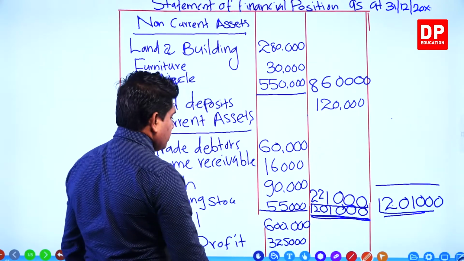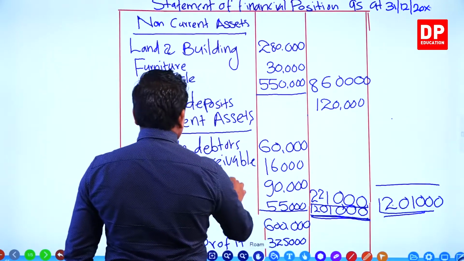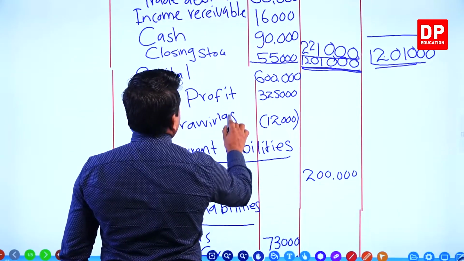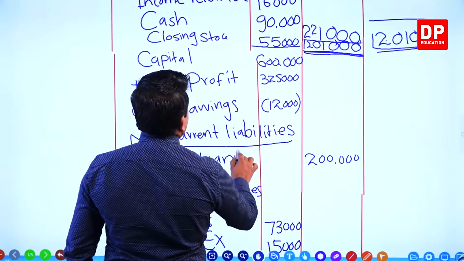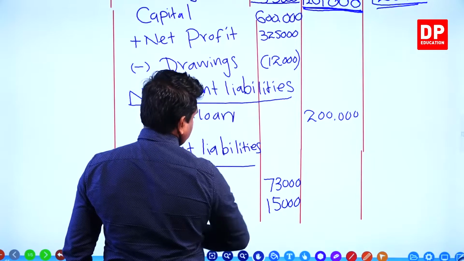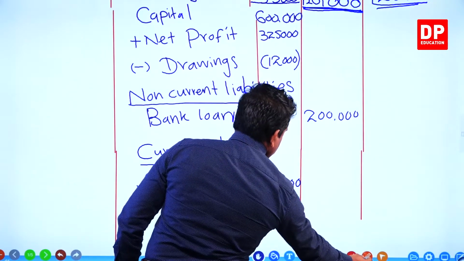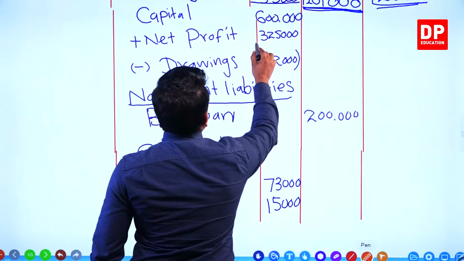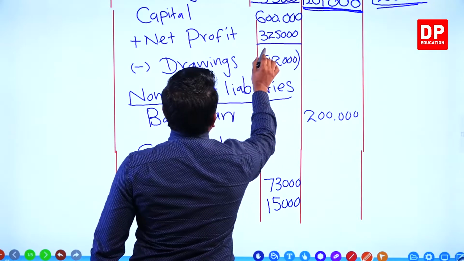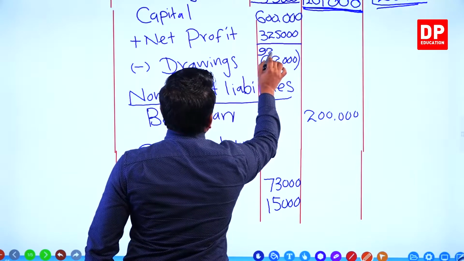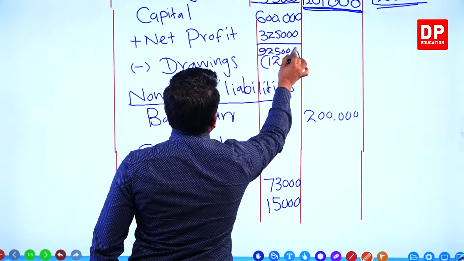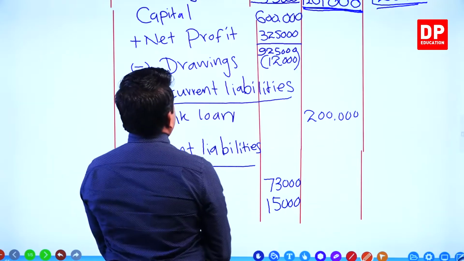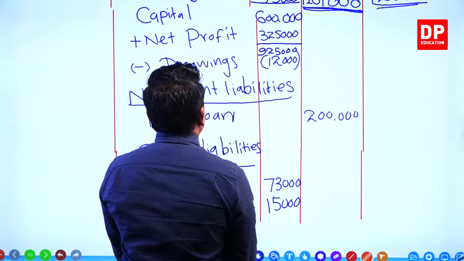Okay. Now you go to the total on the other side, right? Other side total. How? Then 925,000. From this you have to minus drawings 12,000, right?